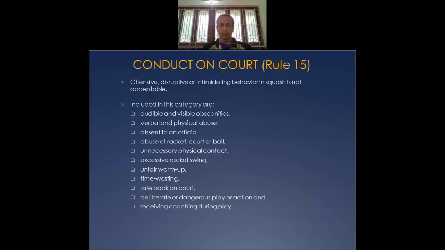There are a lot of coaches and players around the world recommending that this rule can be removed, and if it changes, then fine. But as of now, coaching cannot be done except during the game break. So receiving coaching during play is punishable.